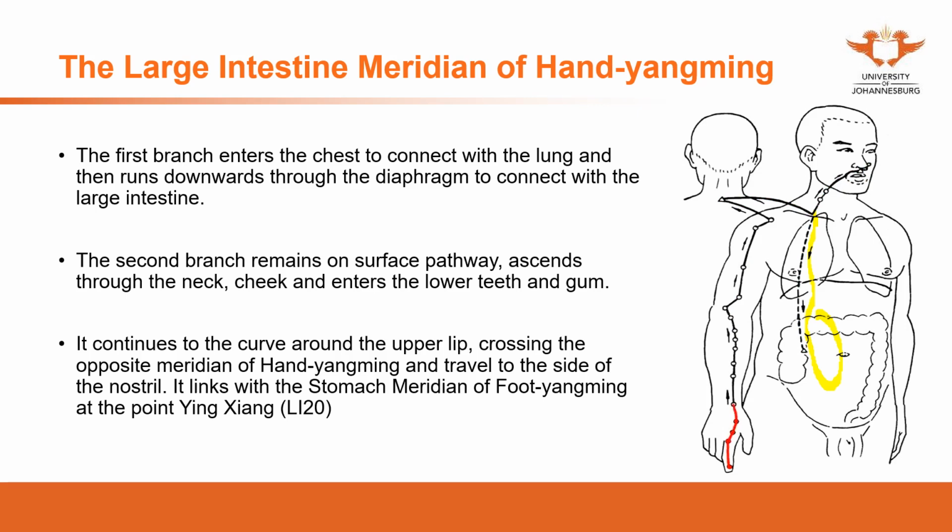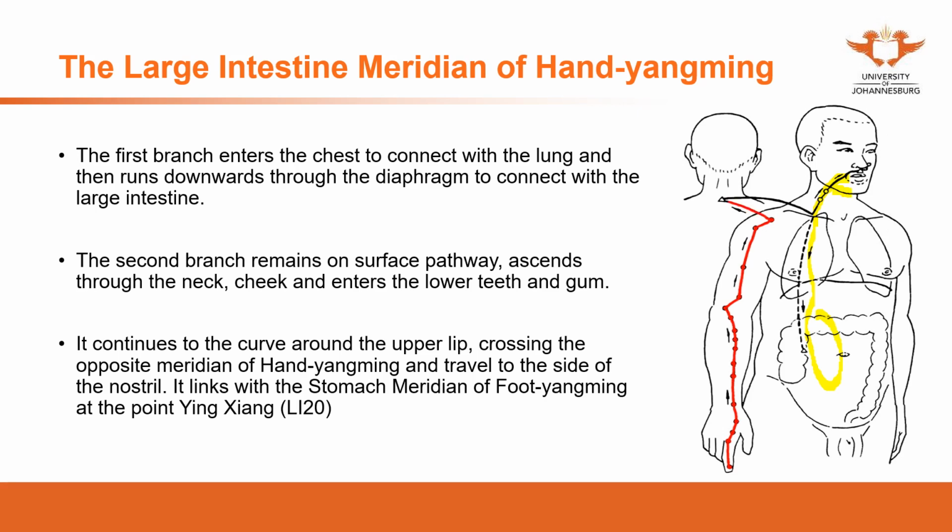And also from the supraclavicular fossa, there's another branch that remains on the surface and ascends to the neck and cheek, and enters the lower teeth and gum.